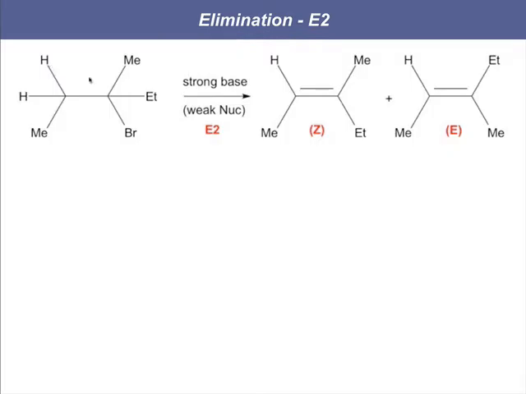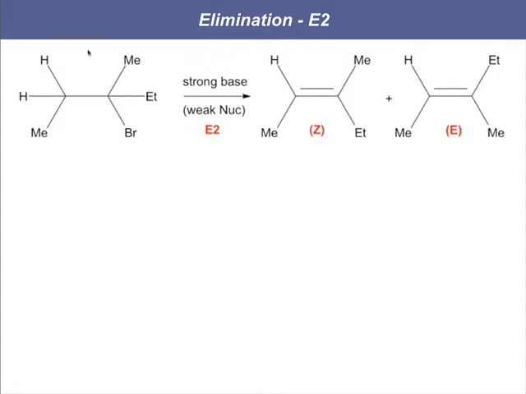And you'll notice that the big picture here is that we use a strong base, which is a weak nucleophile. We talked a little bit about weak nucleophiles in the case of SN1. A weak nucleophile could be a strong base if that base is very, very bulky. A bulky base makes a poor nucleophile. And that's what we need in this case.